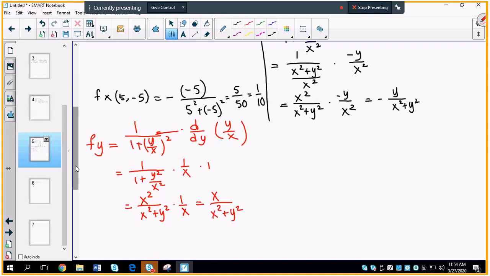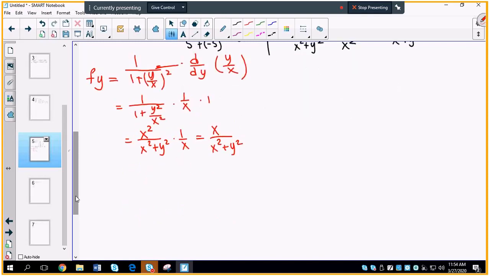Finally, we're going to input the value 5 comma negative 5. So f of y at 5 comma negative 5 will be equal to 5 over 5 squared plus negative 5 squared, which is equal to 5 over 50, and that's 1 over 10 as well, which finishes this problem.